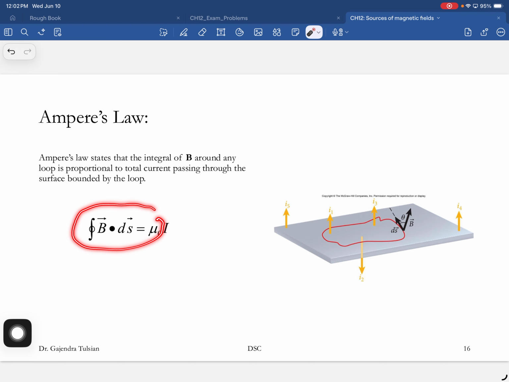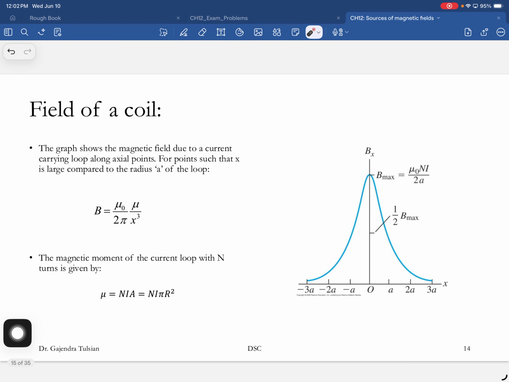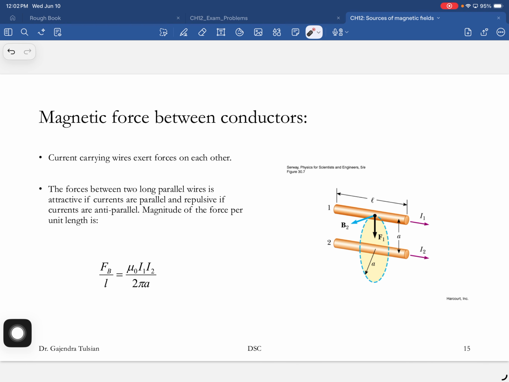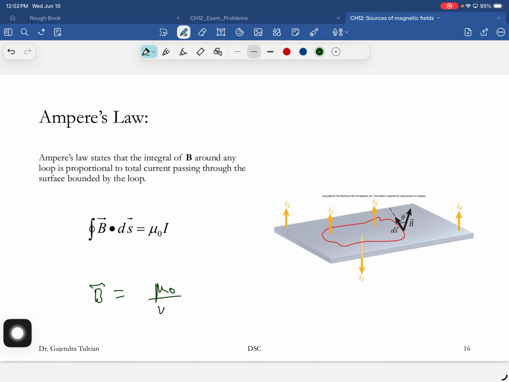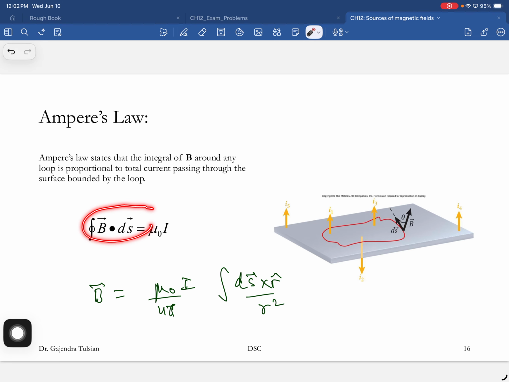When is this useful? When will we give you a new expression? You already had this expression to calculate the magnetic field, which we saw several pages ago, with r squared. And here's another way to calculate the magnetic field.